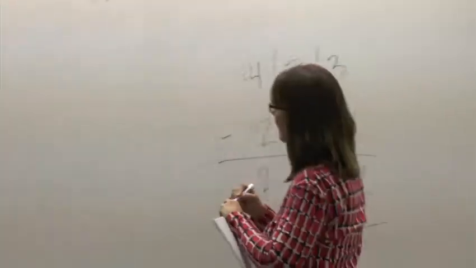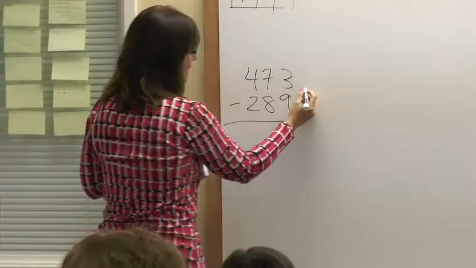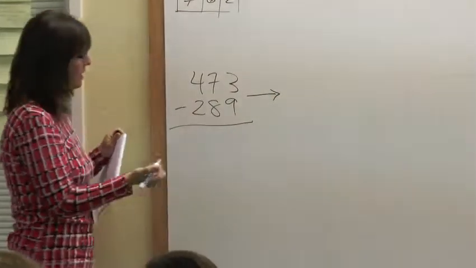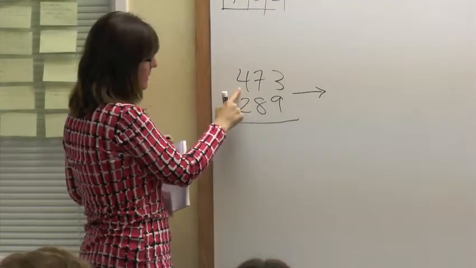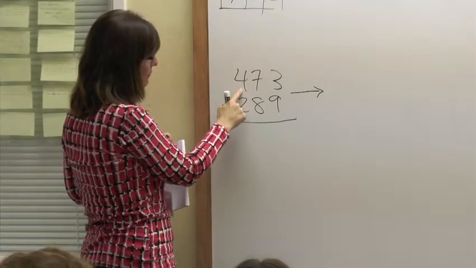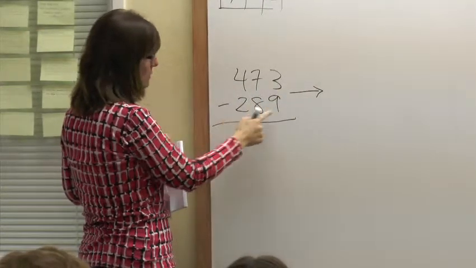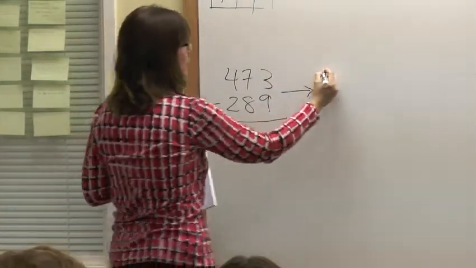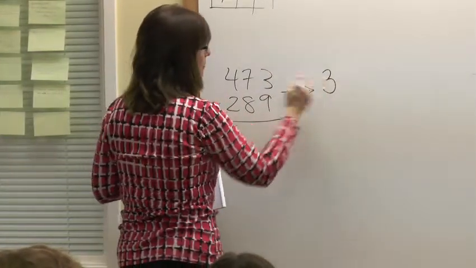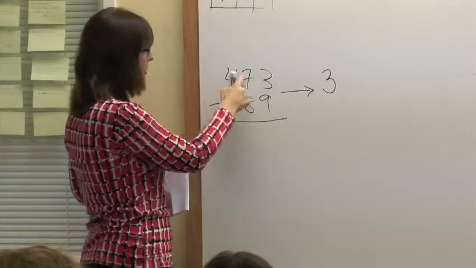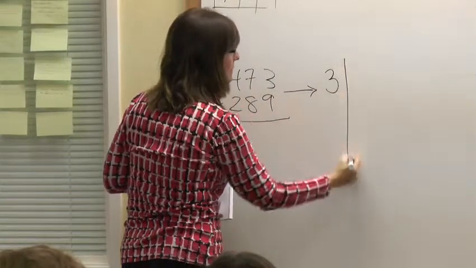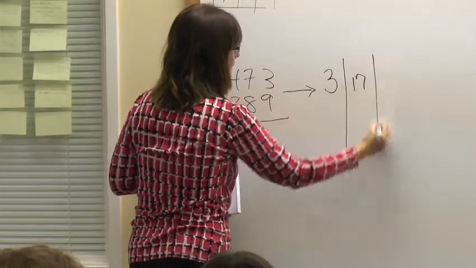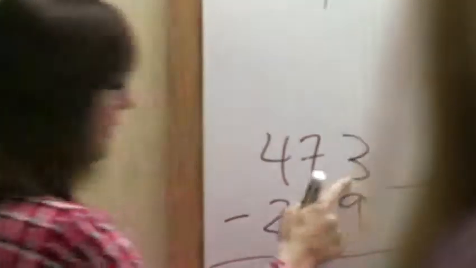So we started with the same problem here, and I just kind of like borrowing, but in this case I wanted to start with my 473, and I knew that I wasn't going to be able to take 8 tens from 7 tens, so I took one of the pebbles here and exploded it into this column, and I still had 3 left there.